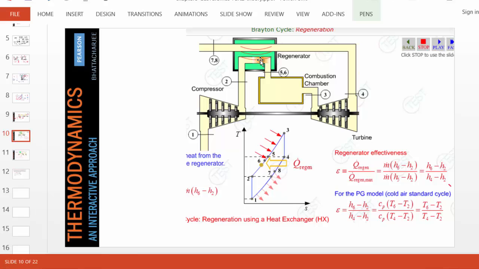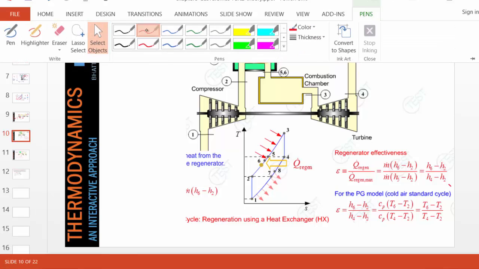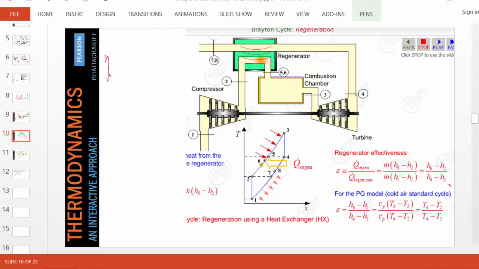As a result, the effective heat addition temperature is increased and effective heat rejection temperature is decreased. So you can imagine what will happen to the thermal efficiency, with effective temperature of heat addition increasing and Tc bar decreasing. Thermal efficiency goes up in regenerative cycle.